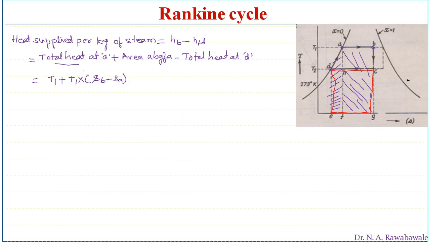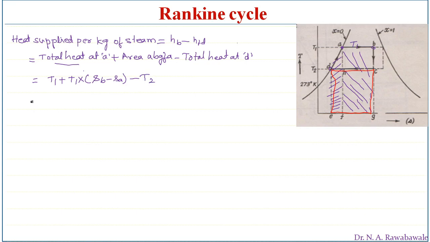T1 is the higher temperature between A and B. So T1 is the height of this rectangle from the x-axis, and SB minus SA is the width of the rectangle, minus total heat at D, which is nothing but T2.